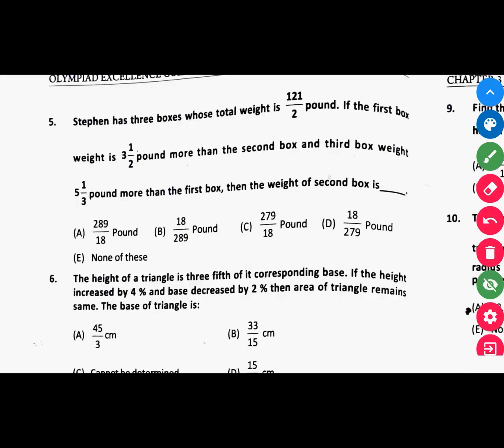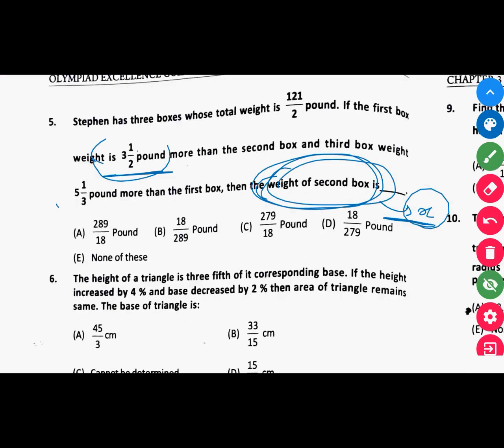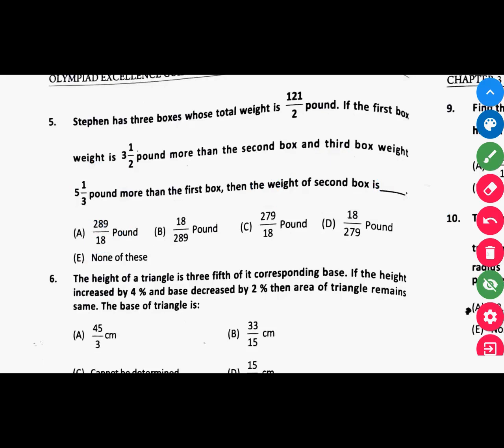And we have to find the weight of the second box. So we assume a variable for the second box. After assuming x as a variable for the second box, we write down the weights of the first box and the third box, we add them, simplify, and got our answer as 289 upon 18 pound as the weight of the second box.